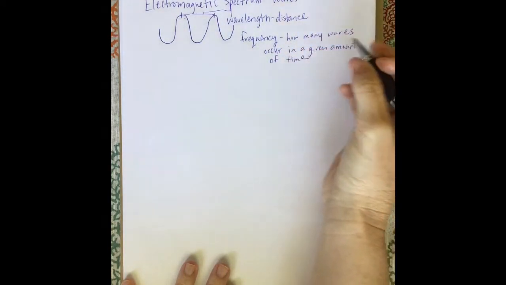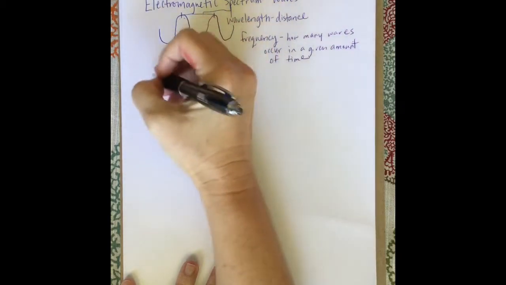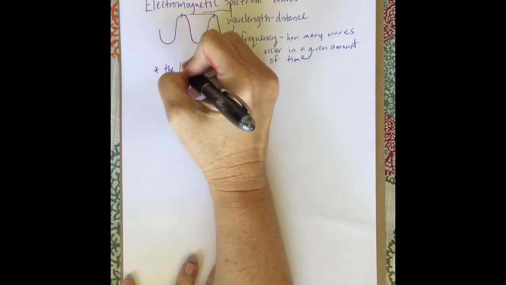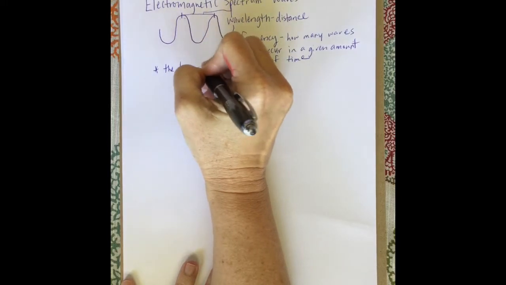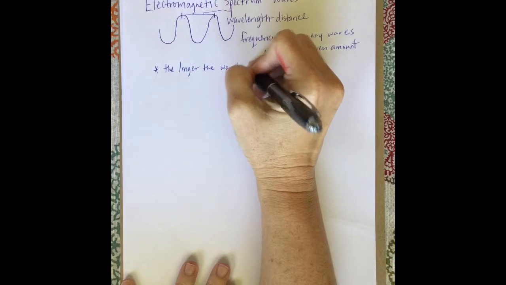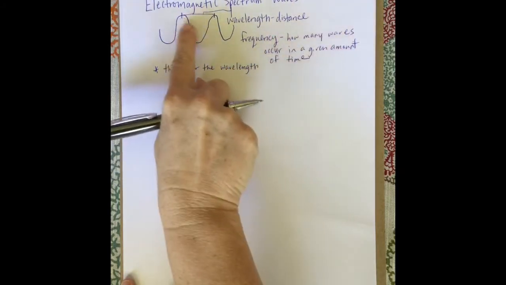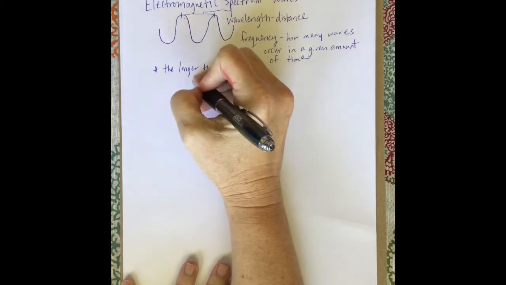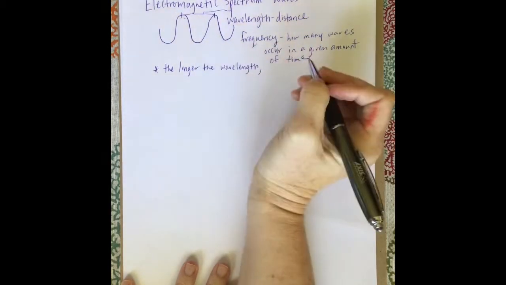Okay. So the key thing here is that the longer the wavelength, that would mean that they're spread apart. So that would make the frequency much lower.